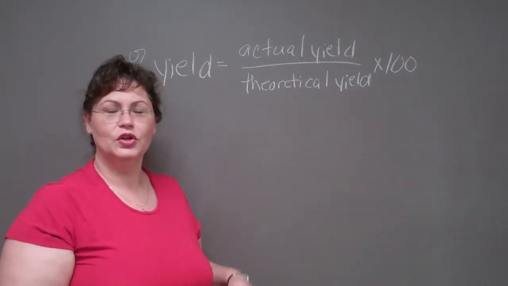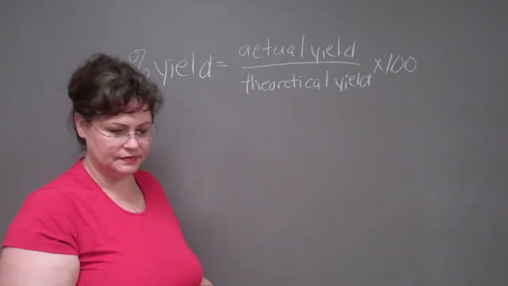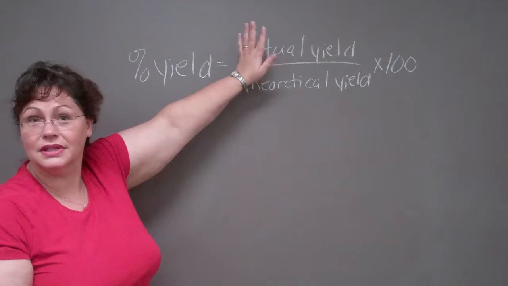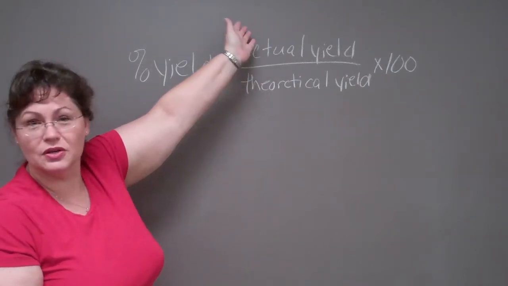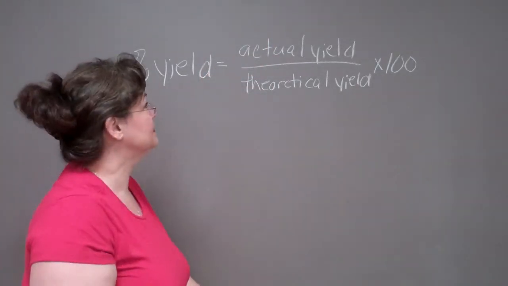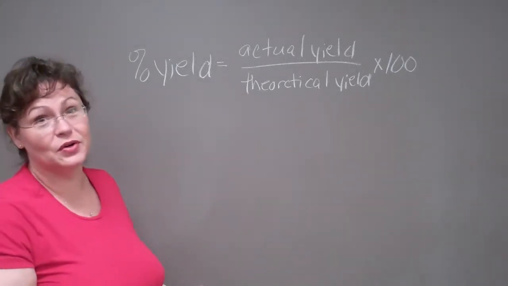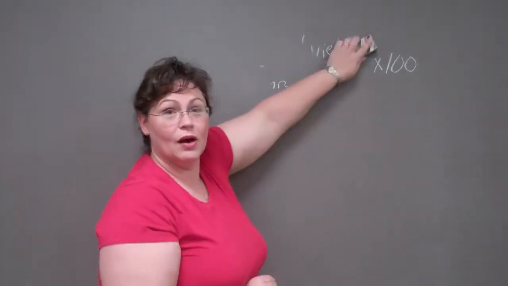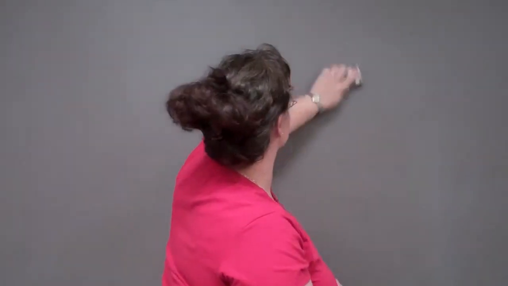That will give you your percent yield for that reaction. The actual yield is easiest to find because you actually weigh that out in lab. Now, the theoretical yield is a little more difficult. Let's talk about how we find our theoretical yield.